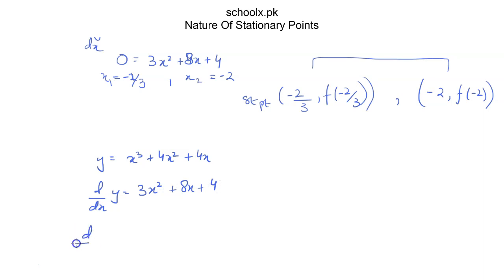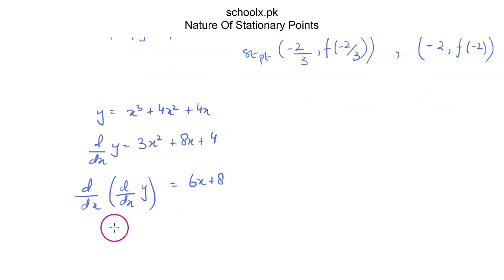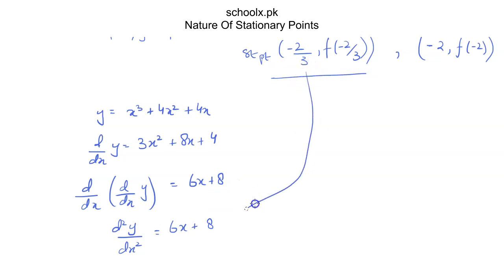The double derivative, applying d by dx again, is 6x plus 8. Now to find the nature of each stationary point, I'll put its x coordinate into this function.